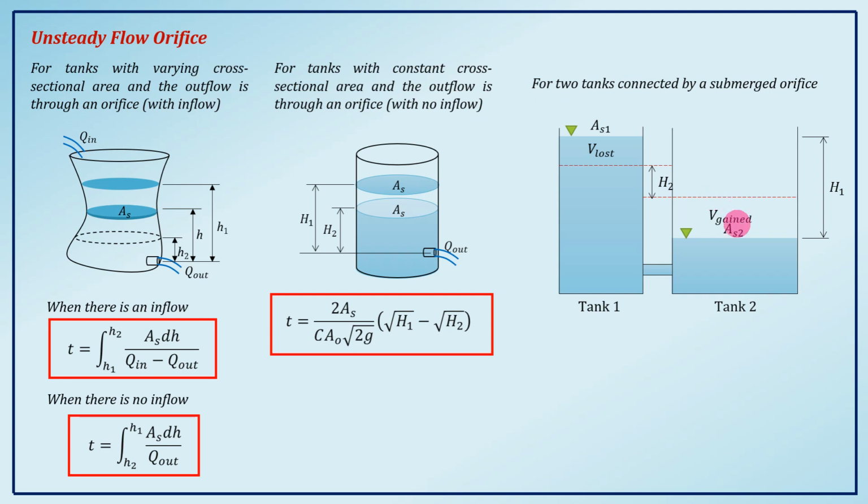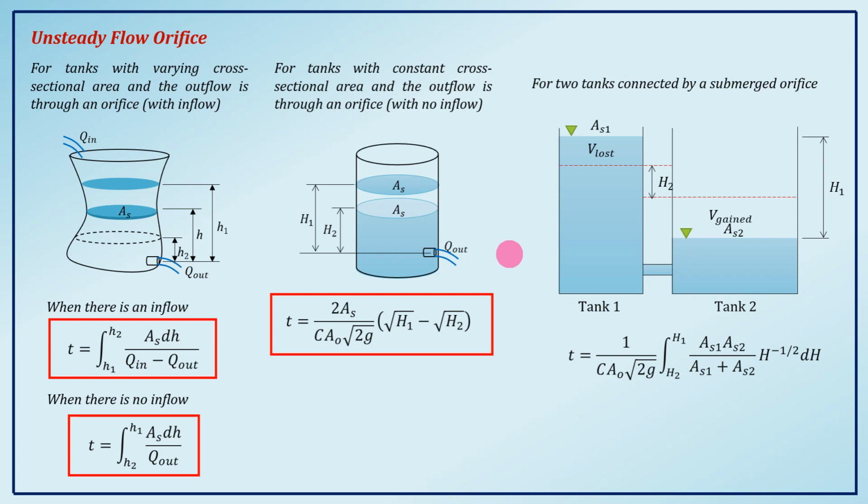We can solve for that time using this equation: 1 over CaO square root of 2g, integral of As1 As2 over As1 plus As2, h raised to negative 1/2 dh from H1 to H2. This is for calculating the time when the cross-sectional areas of our tanks are varying.